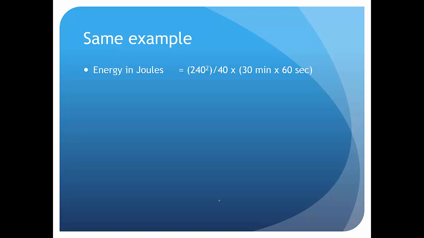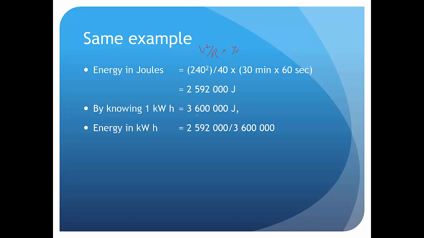Using the same example, the formula 240 squared divided by 40, this is your V squared over R. But this time you need to multiply by time, and the time has to be in seconds. So this time, 30 minutes times 60 seconds. So this is the amount of energy that you get. By knowing that 1 kilowatt hour is 3.6 million joules, you just do a ratio and divide.